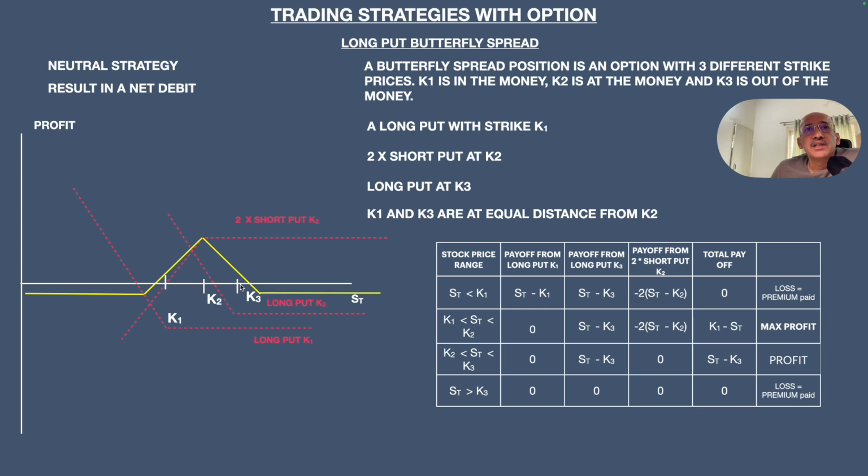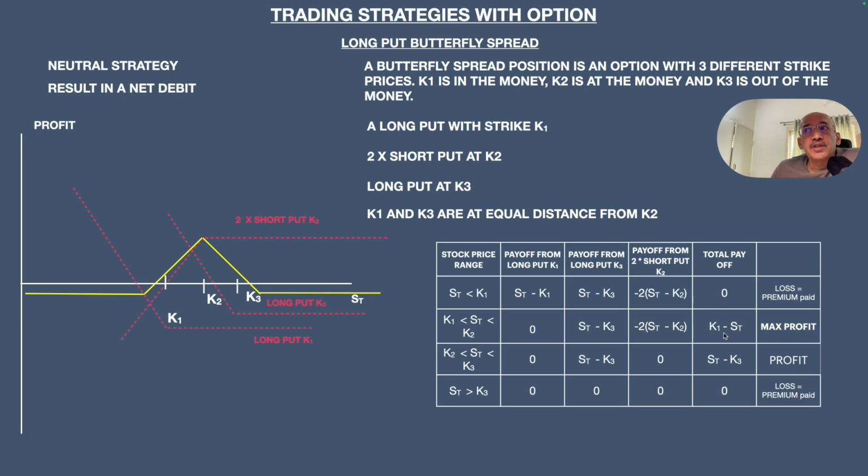Now let us assume the value lies between K1 and K2. The long put K3 will be in profit, and it is equal to ST minus K3. At the same time, since the price has moved below K2, these two short puts will also be in loss. As a result, you will have minus 2 into ST minus K2 in the loss.